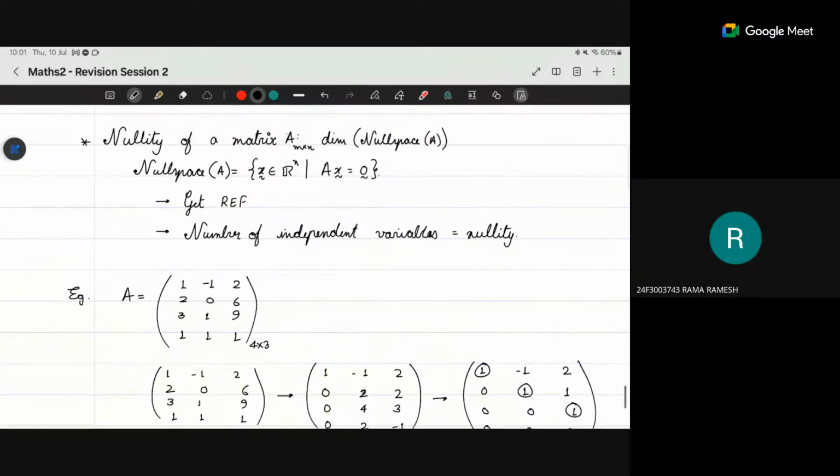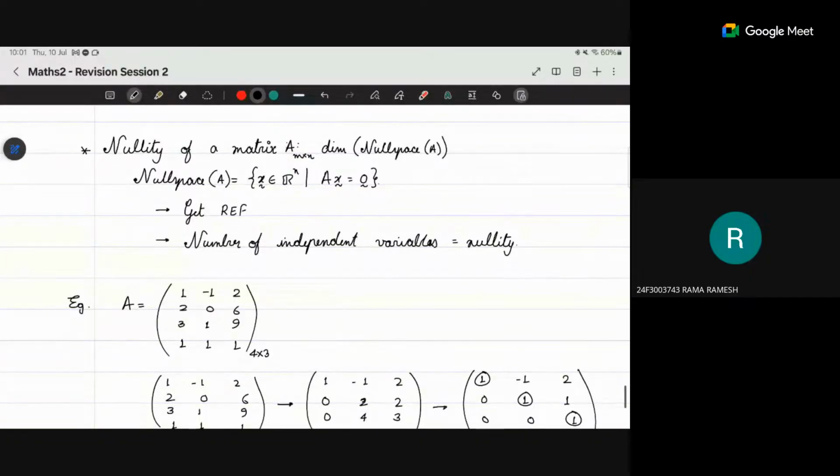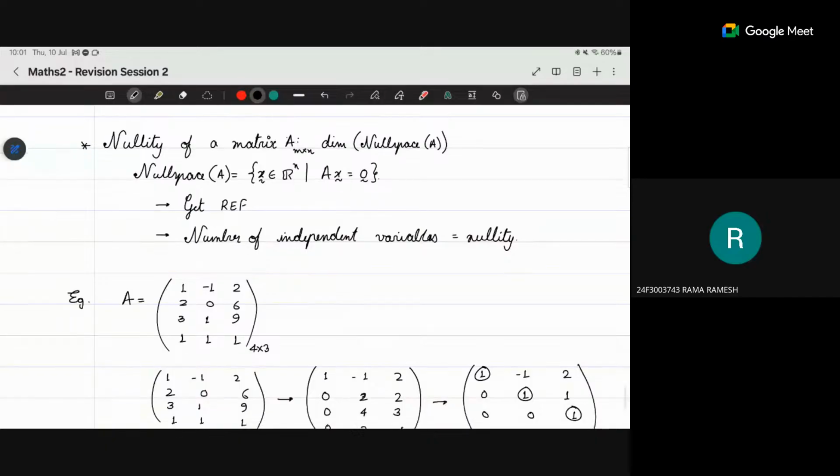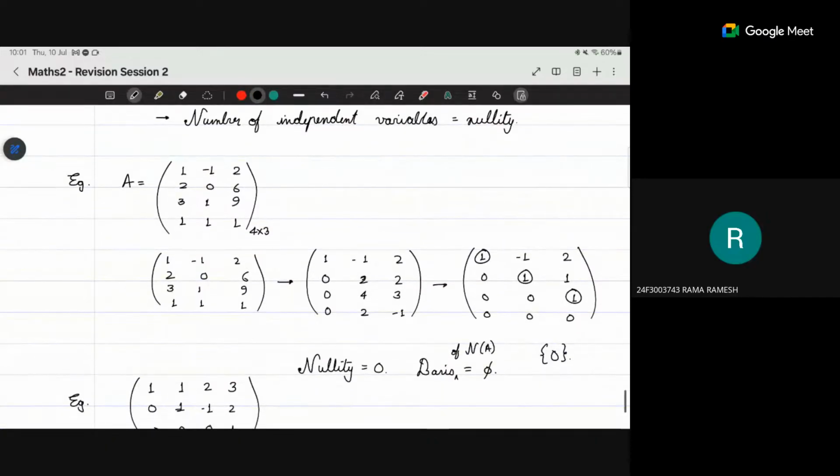The rows are in R3, but the null space is a subspace of R3. So is that what you're asking? Yes, sir. Is it R3 or R4? You were writing the vectors as columns as well as rows, so I just wanted to confirm.